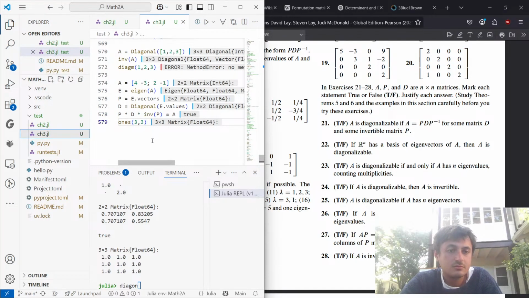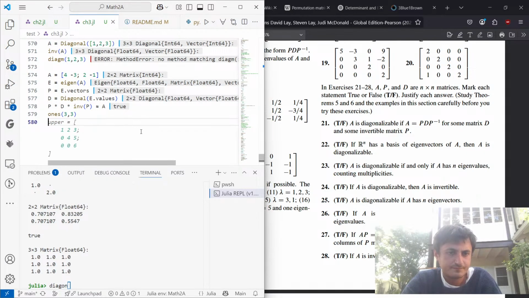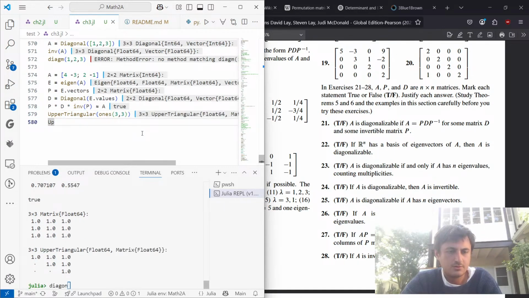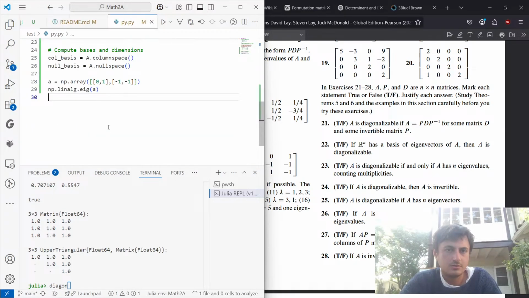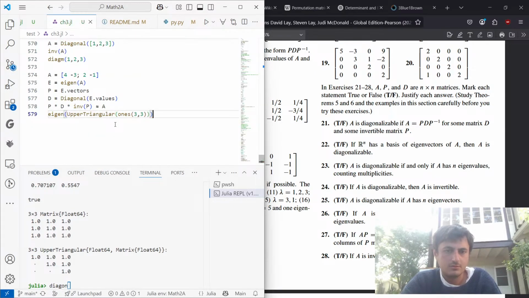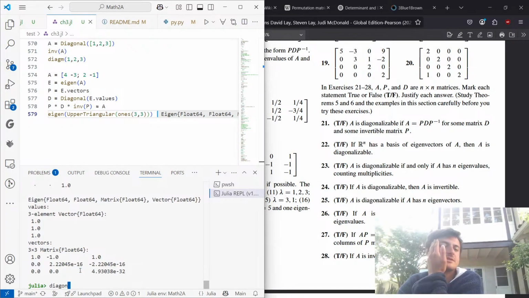But then we did upper triangular. Okay, but then, I mean, it has.